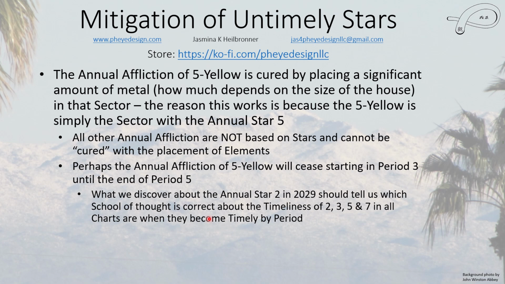So we'll find out in a few years. We really won't be able to tell until basically the end of 2029, so 2030 we'll have a decent idea. If we find out that the masters who say annual star 2 is still a wealth star are right, that will also tell us about all these otherwise untimely stars.